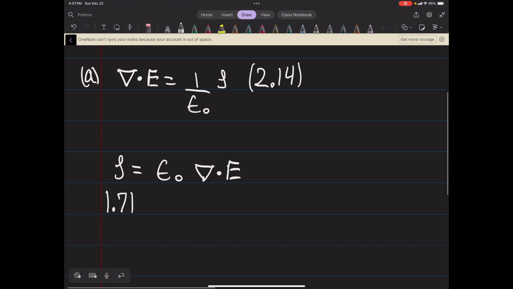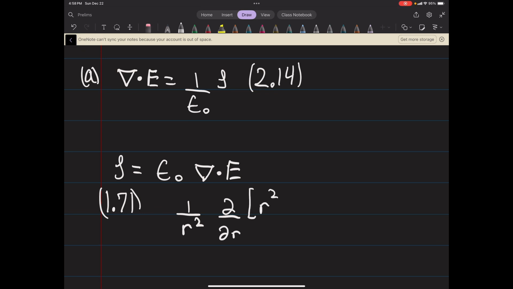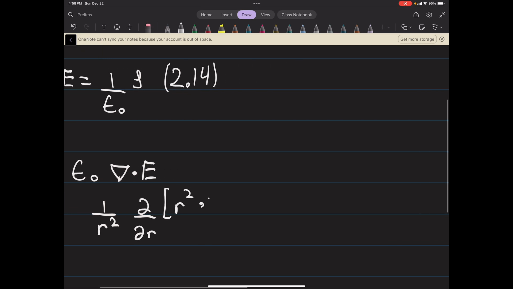So in my edition, which I think is the 4th edition, it's section 1.71. So that's how you know what the divergence is in spherical coordinates. It's in the book. So then for us, 1 over r squared d by dr, r squared times E sub r, the electric field in the radial direction.